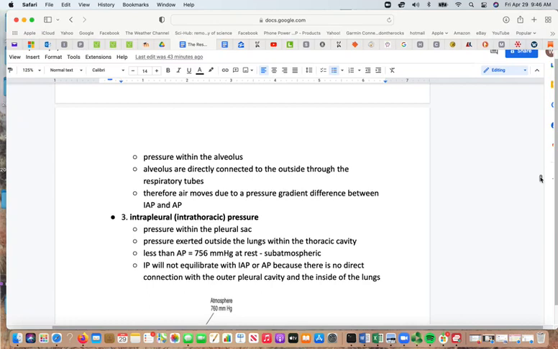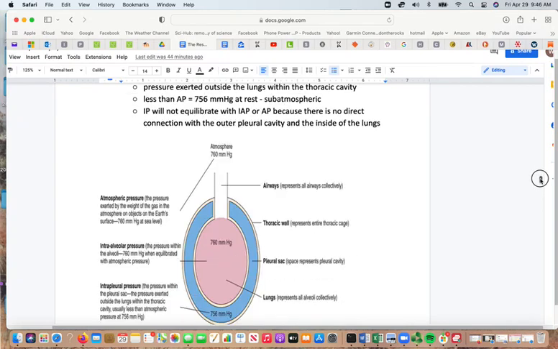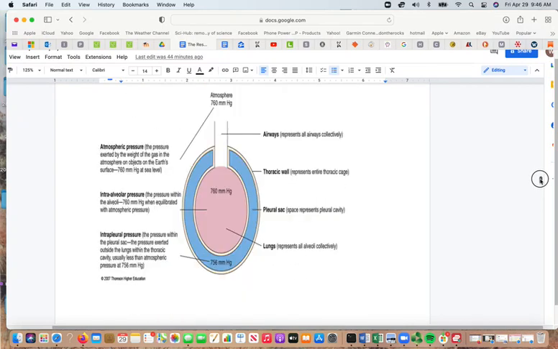So the intrapleural pressure will not equilibrate with the IAP or AP because there's no direct connection between the pleural cavity and the inside of the lungs. So this allows you to see here you've got atmospheric pressure, intra-alveolar pressure, and then the intrapleural pressure, the three different places where those pressures are located.